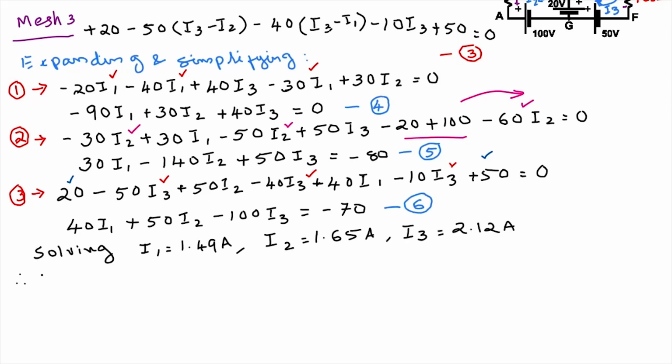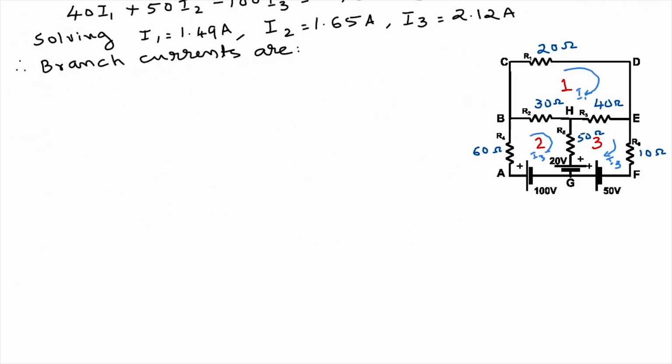Therefore, the branch currents are, see here mesh current I1 is flowing through this 20 ohm resistance, and the branch current in CD is equal to this I1, which we got as 1.49 ampere. Branch current in BH is the difference between mesh currents I1 and I2, that is I2 minus I1, which is 0.16 ampere.